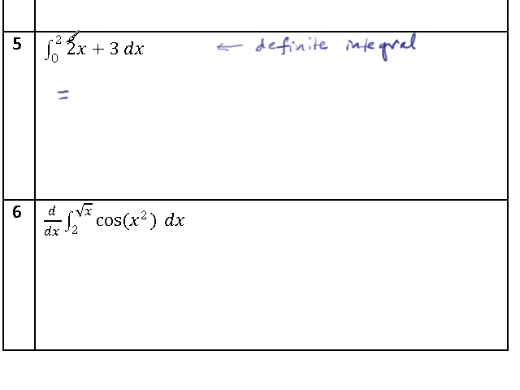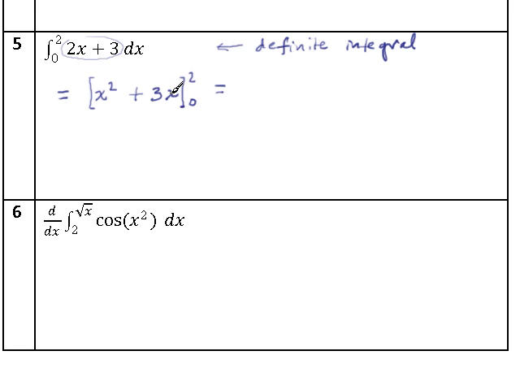First, let's get the antiderivative of 2x plus 3 using the power rule. So we have, for the first term, 2x squared over 2, or just x squared. And for the second term, we have the integral is 3x. And we're going to evaluate between 0 and 2.